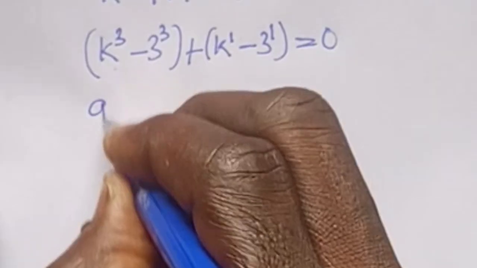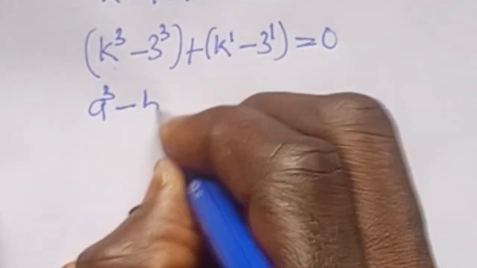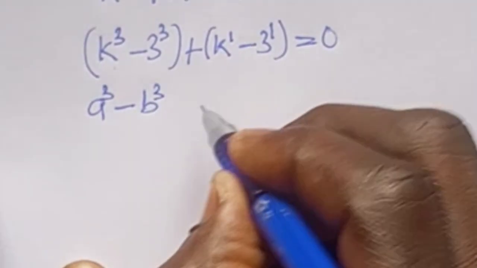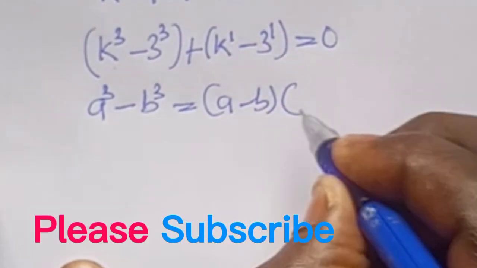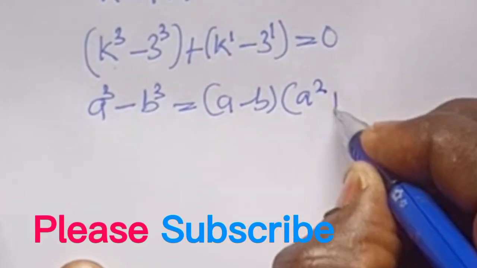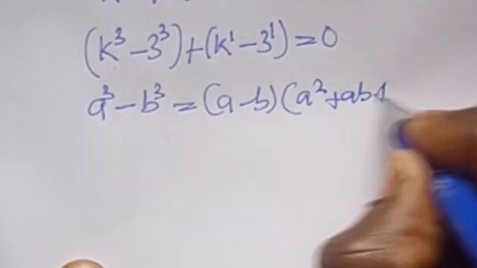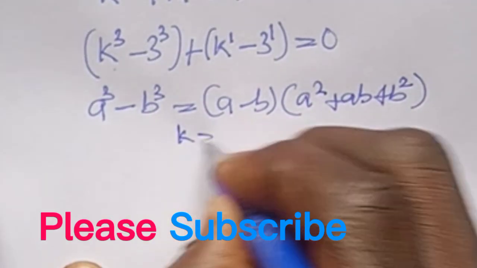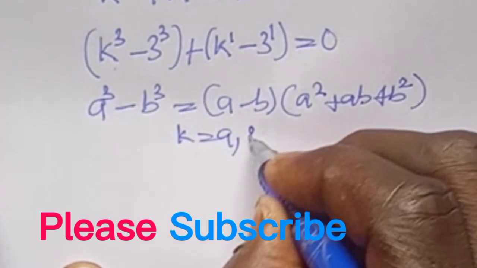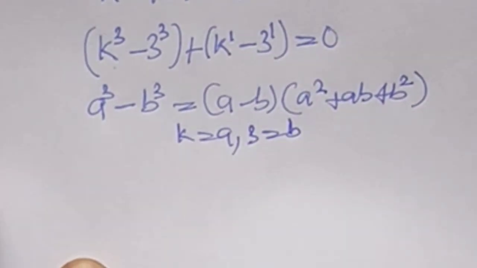But from algebra, a to the power of 3 minus b to the power of 3 is represented as a minus b times a to the power of 2 plus ab plus b to the power of 2, where k is a and 3 is represented as b.